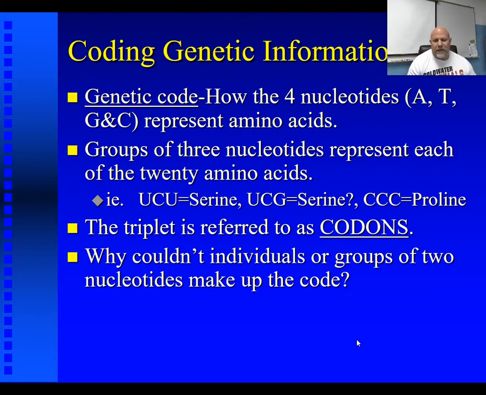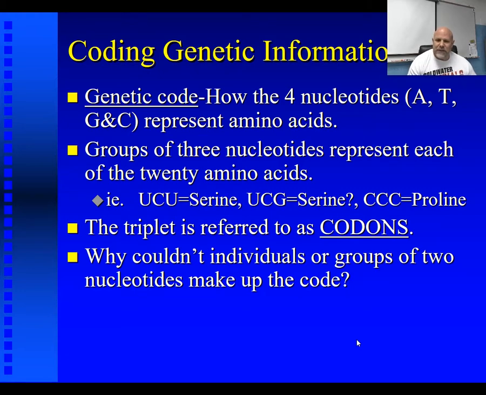And the way they figured it out is they knew each letter couldn't be a word, because then there'd only be 4 possible words, and that wouldn't be enough to code for all the amino acids. And they knew it couldn't be 2 letters, because that would be 4 possibilities times 4 possibilities, so that would only be 16 possibilities.